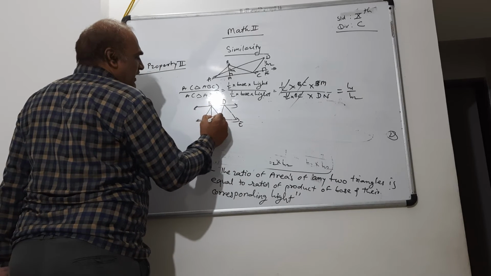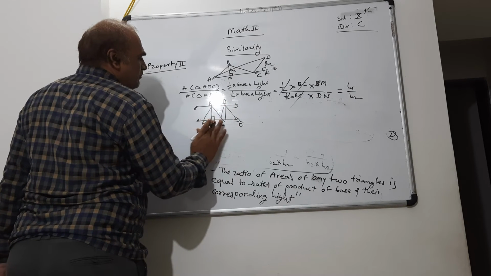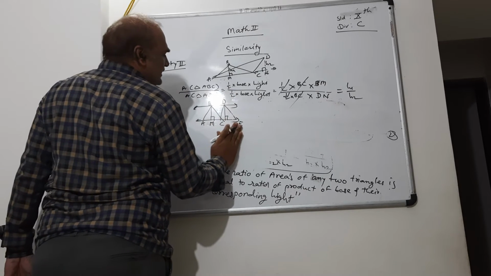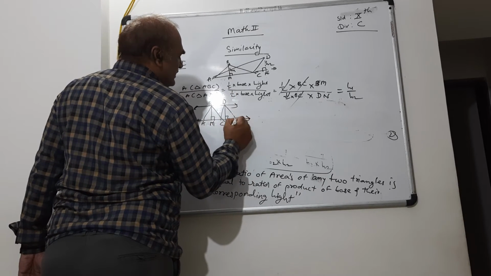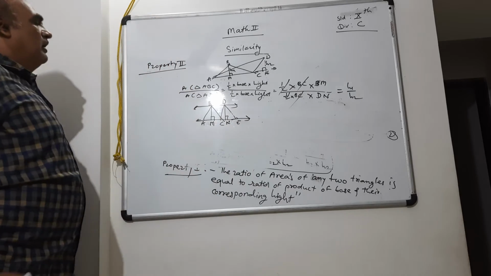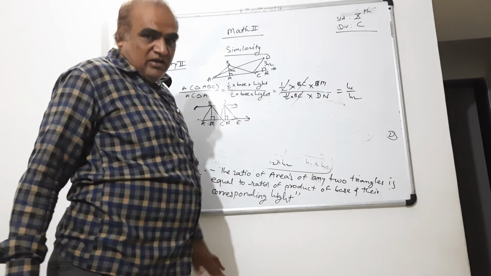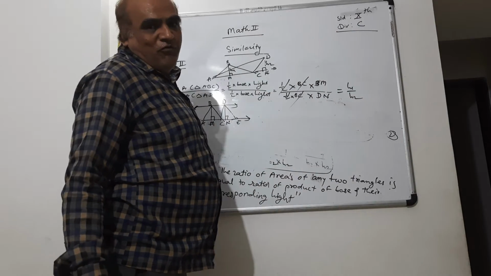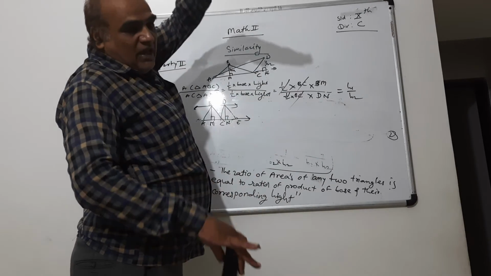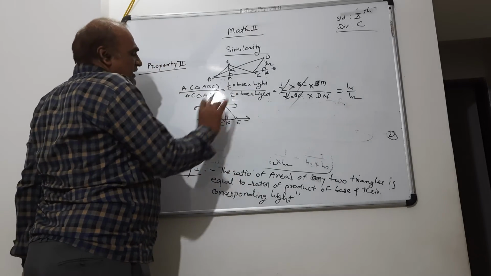The height of triangle ABC is BM, and the height of triangle CDE is suppose DN. Now the heights are equal because they are situated between two parallel lines, like a room of a home. Height is equal because the distance between slab and floor is the same.